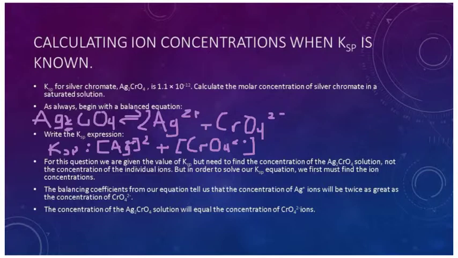The balancing coefficients from our equation tell us that the concentration of the silver ions will be twice as great as the concentration of the chromate ions. Okay, so we can tell that because there's this 2, so there's going to be twice as many silver ions as there are chromate ions in equilibrium. The concentration of the silver chromate solution will be equal to the concentration of the chromate ions.